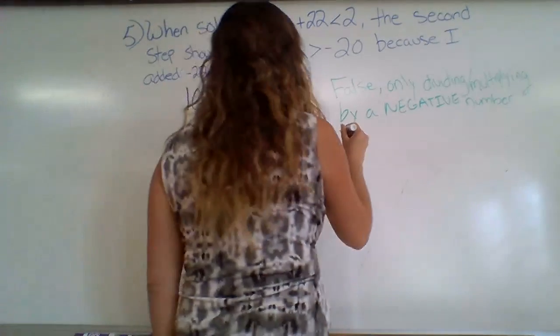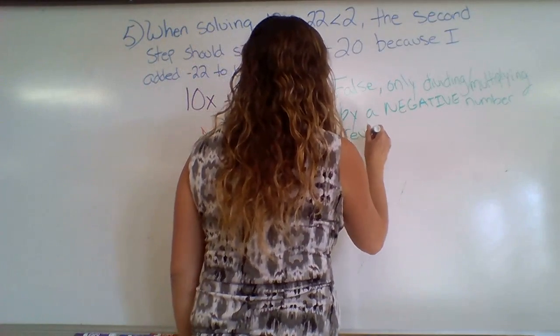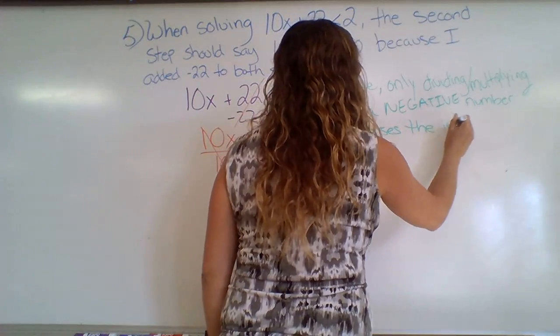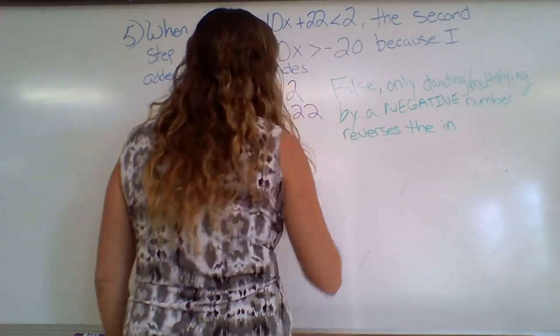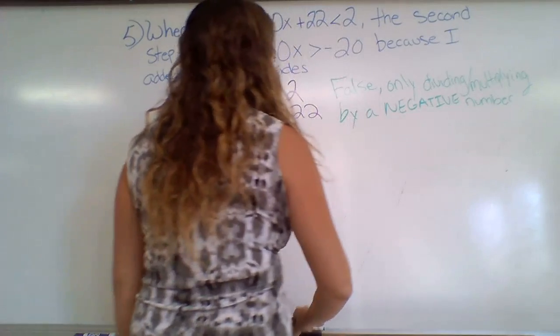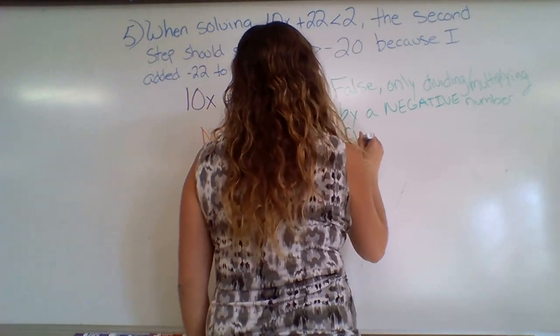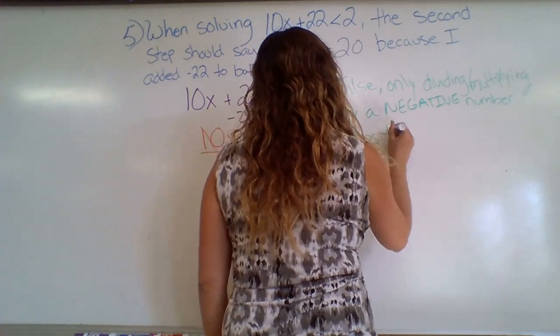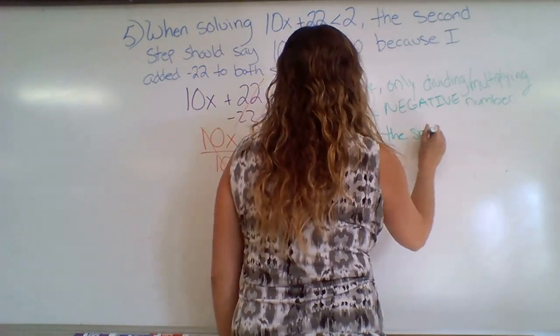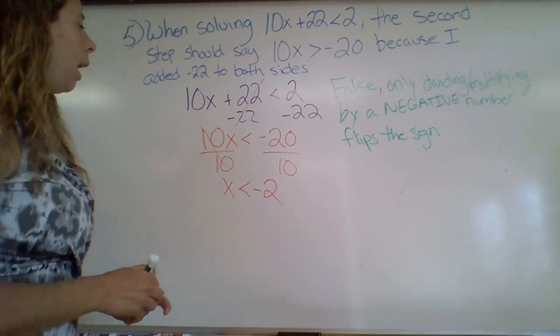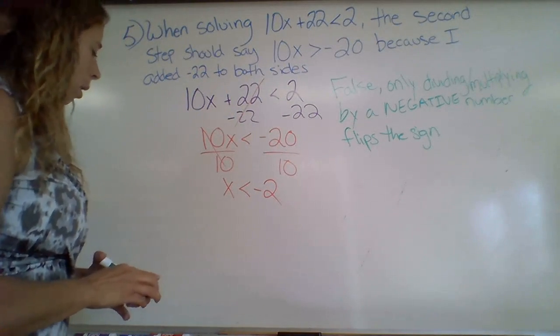Oh, reverses the inequality. Actually, I wouldn't say it like that. That's how your book says it. I would say false, only dividing, multiplying by a negative number flips the sign. If you're subtracting the same amount on both sides, that's fine. You do not flip the sign for that.